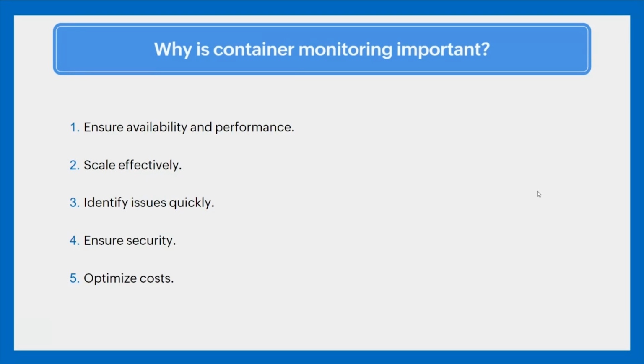Containers can also be scaled up or down based on demand. But without monitoring, it can be difficult to know when to add or remove containers. By monitoring container usage, you can optimize resource allocation and scale more effectively. Containers are highly dynamic and can change rapidly, which makes it very difficult to identify issues without monitoring. With a monitoring solution in place, you can quickly identify issues such as container crashes, network connectivity problems, or application errors.